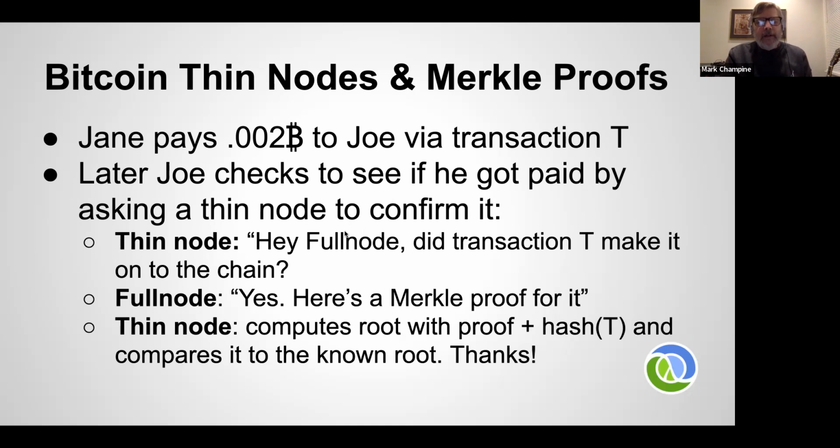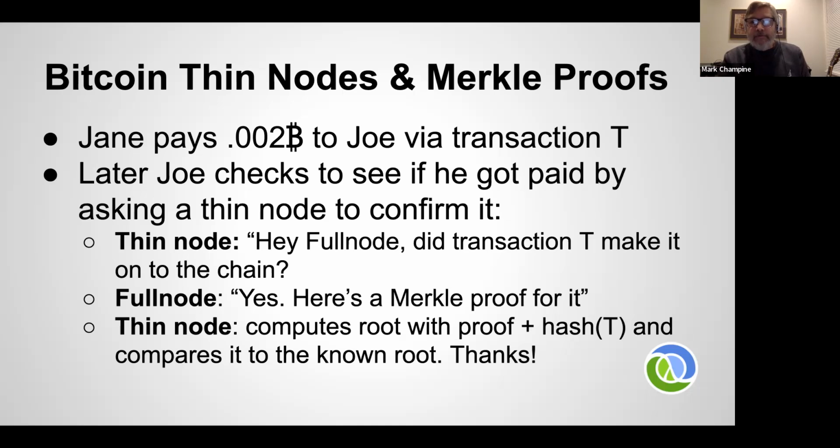So the way the Merkle proofs get involved here is Joe goes to the thin node and says, hey, did I get paid? And the thin node talks to the full node and asks, did the transaction make it onto the chain? And the full node says yes and proves it by providing a Merkle proof.